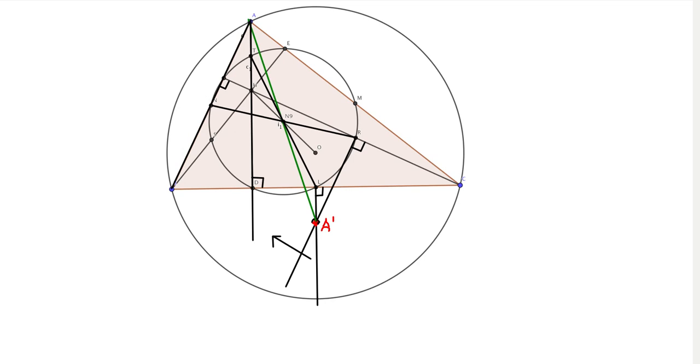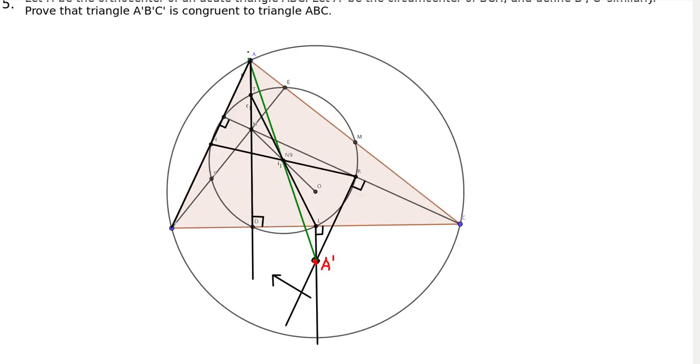So now we know that A prime maps to the intersection of the line AH and the line AB. But that's obviously just A. It's right here.